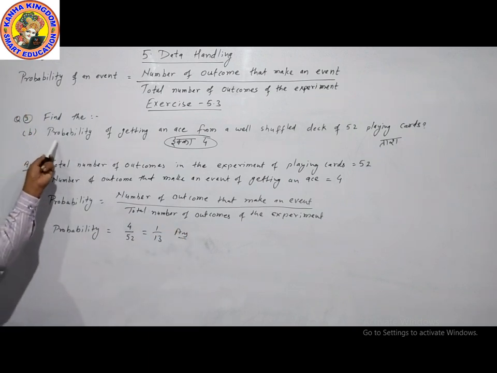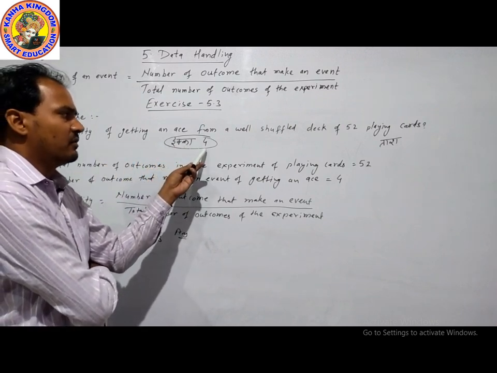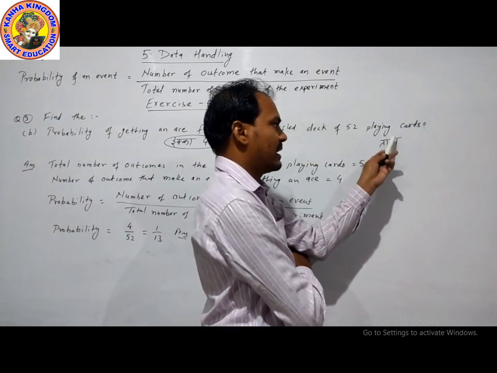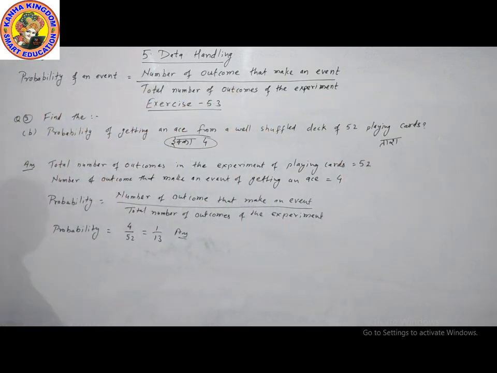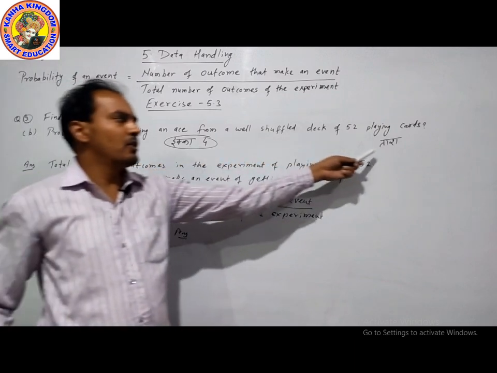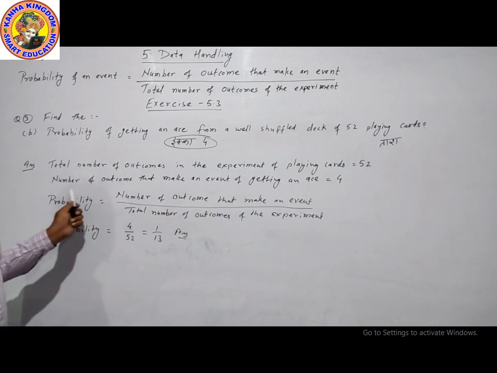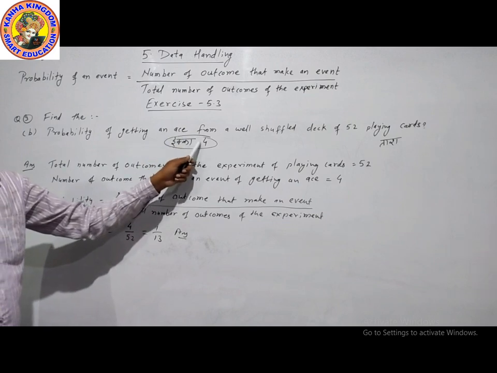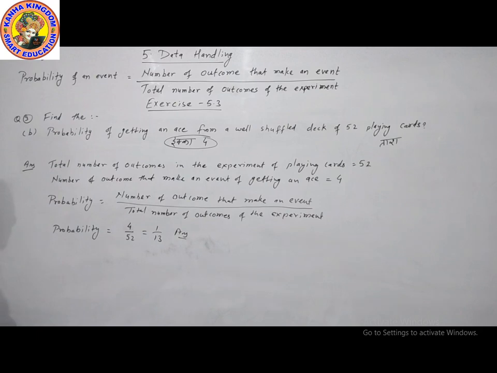Let's take it starting from this question: probability of getting an S. S is our ikka, which is 4 playing cards, from a well shuffled deck of 52 playing cards. Now answer. The total number of playing cards is 52, so this is the total number of outcomes. The number of outcomes in the event of getting an S is 4.